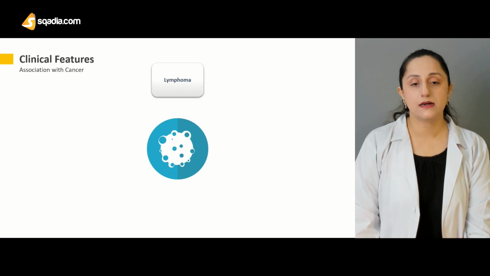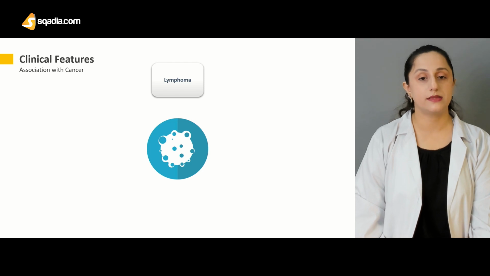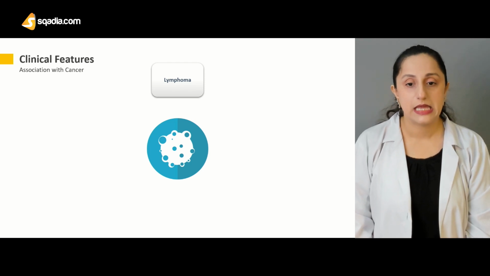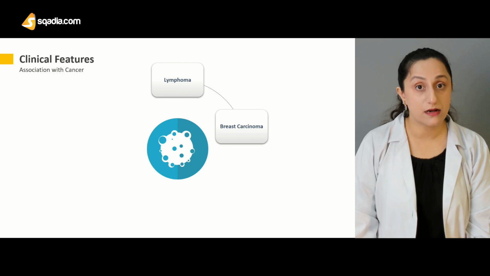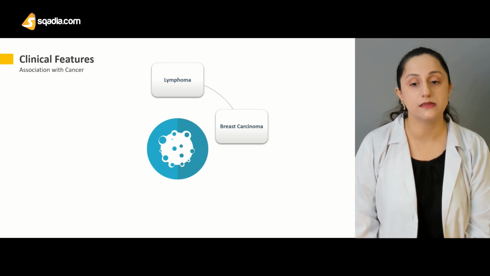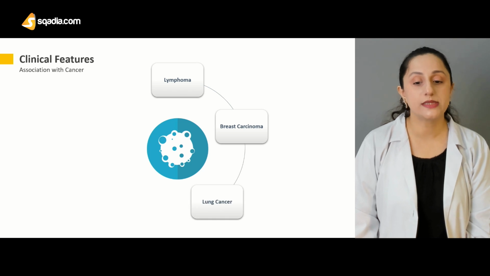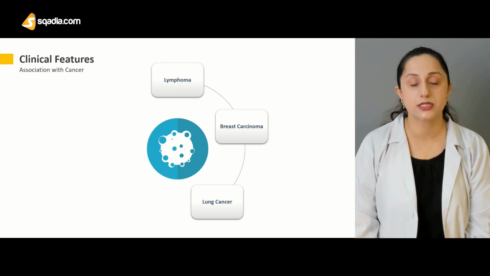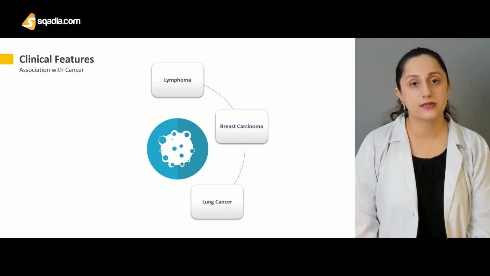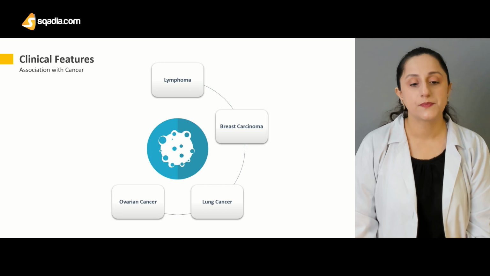The different cancerous conditions that are usually associated with them are the lymphomas. Then we have the breast carcinomas. A lot of patients with a history of lung cancers or who are being diagnosed with lung cancers have a coupled diagnosis of dermatomyositis.